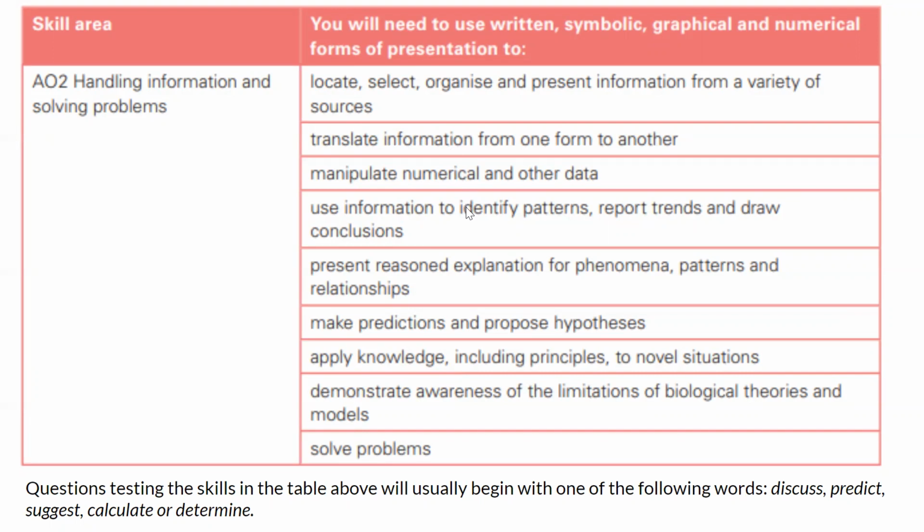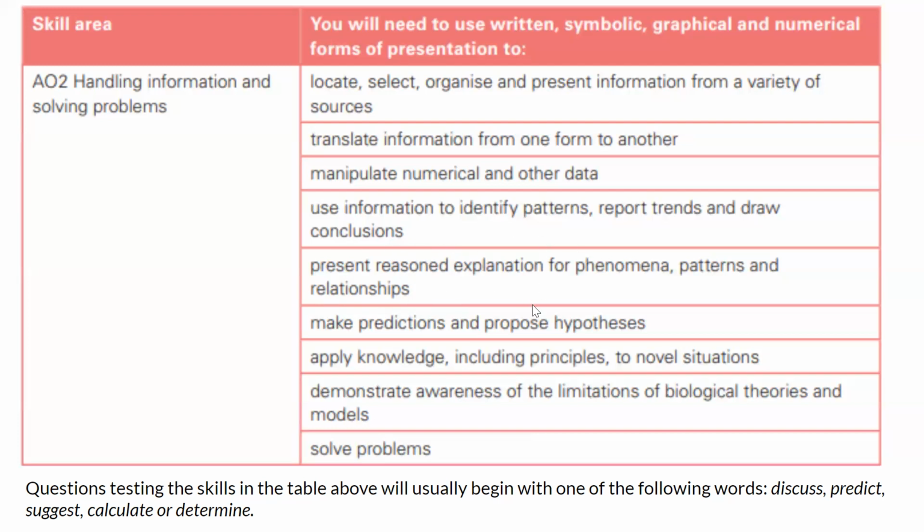Sometimes they will give you the data and they'll ask you to calculate the mean or do some statistical calculation with the data and find out a result. That is manipulation of data. Use information to identify patterns, report any trend that you're observing, and finally give a conclusion. They will also ask you to present certain reasons and explanation.